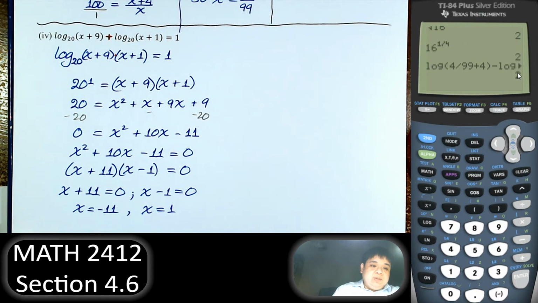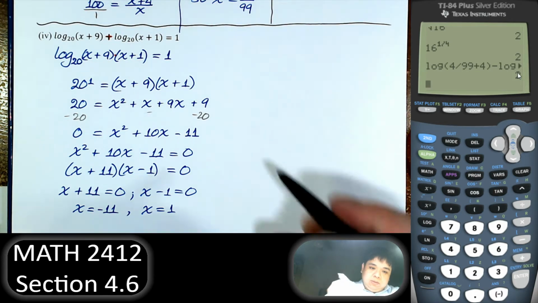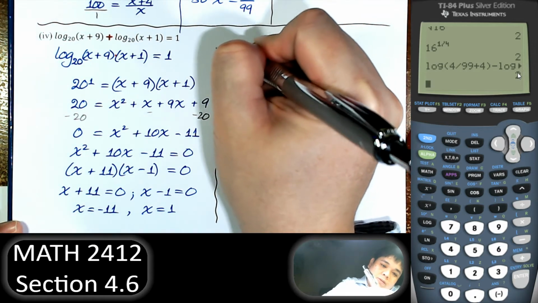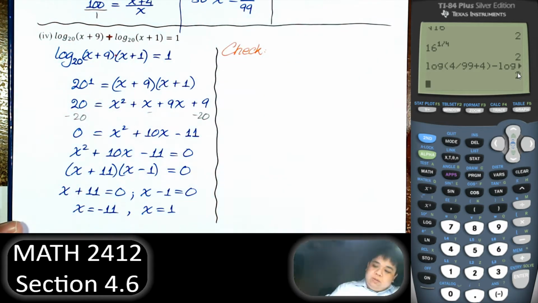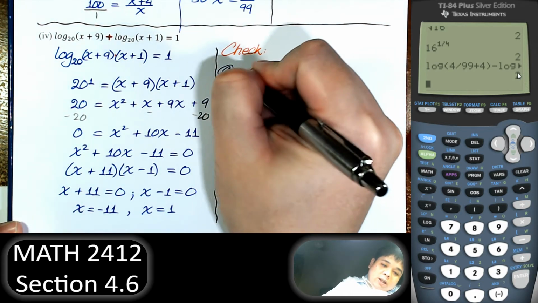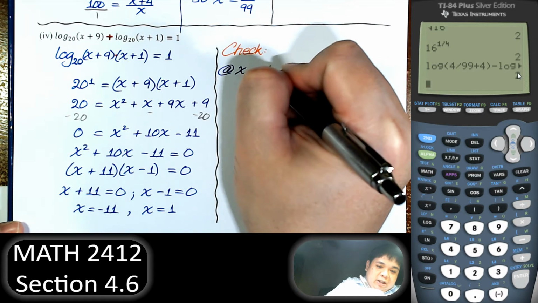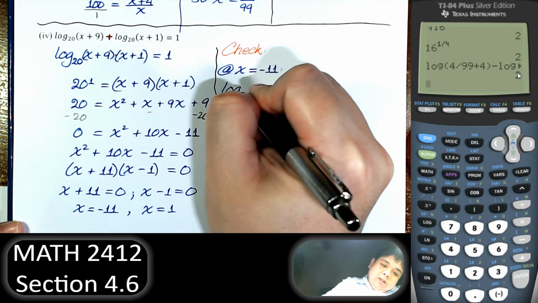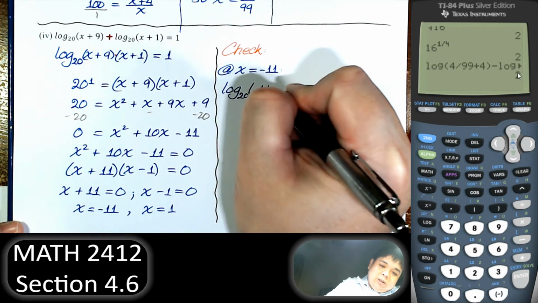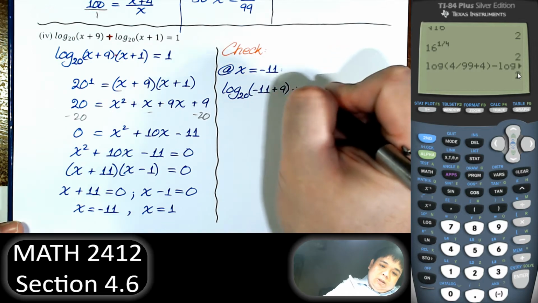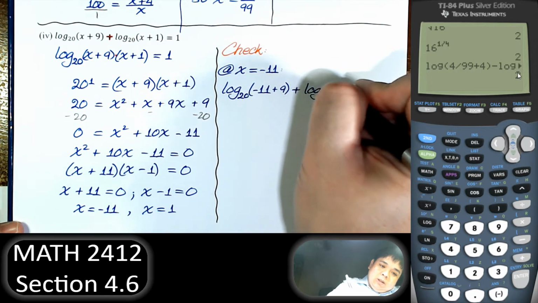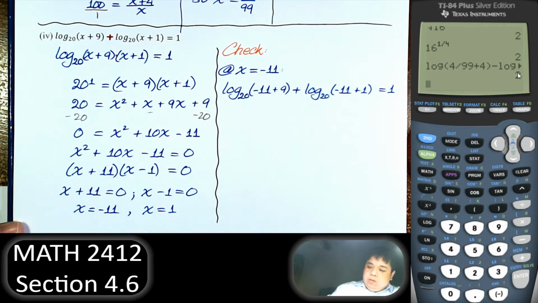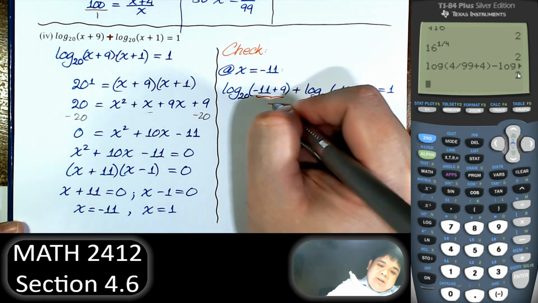Now we check the answer. When x equal to negative 11, put negative 11 in for x. This is negative, so this fails.